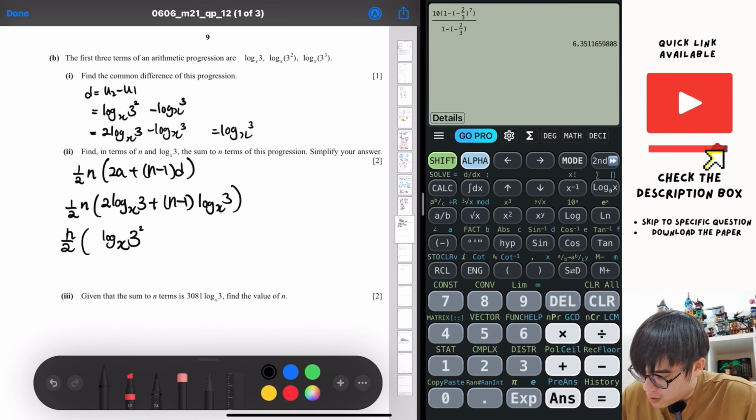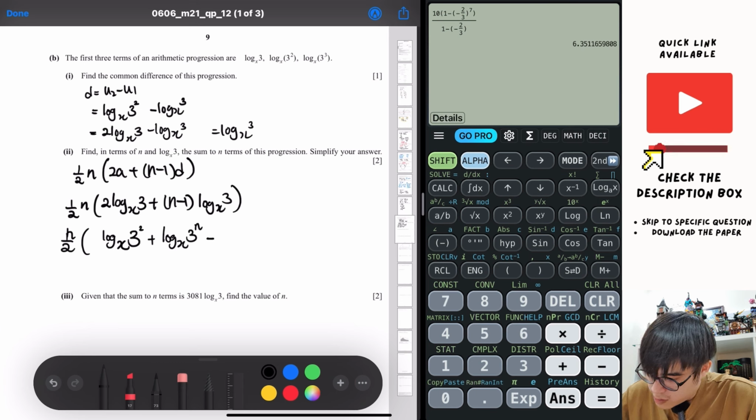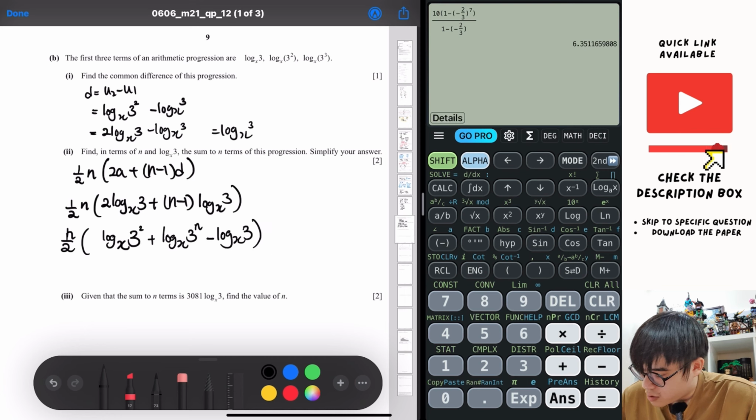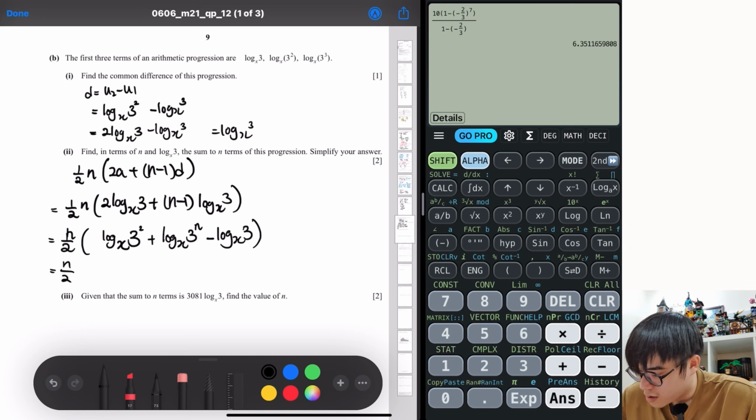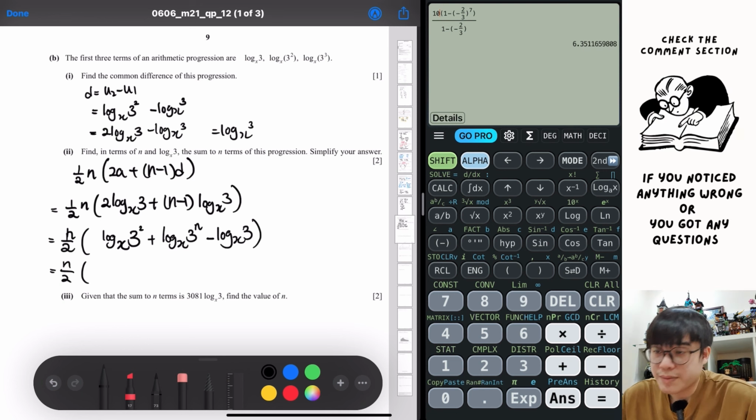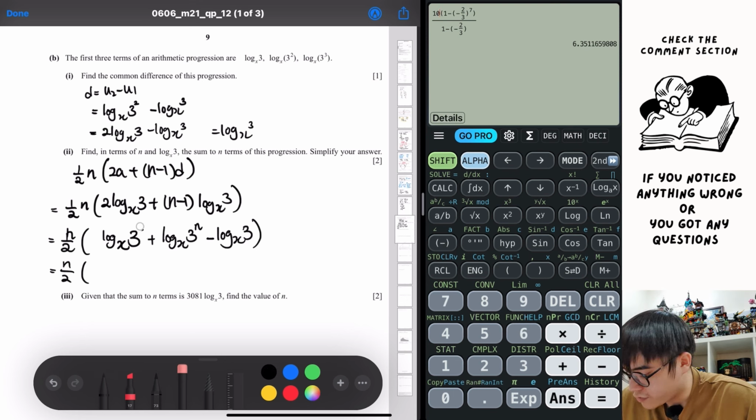Then we have log x3 n minus log x3. So from here what I'm going to do next is to run some calculation first. Maybe I shouldn't shift the 2 and put it back.